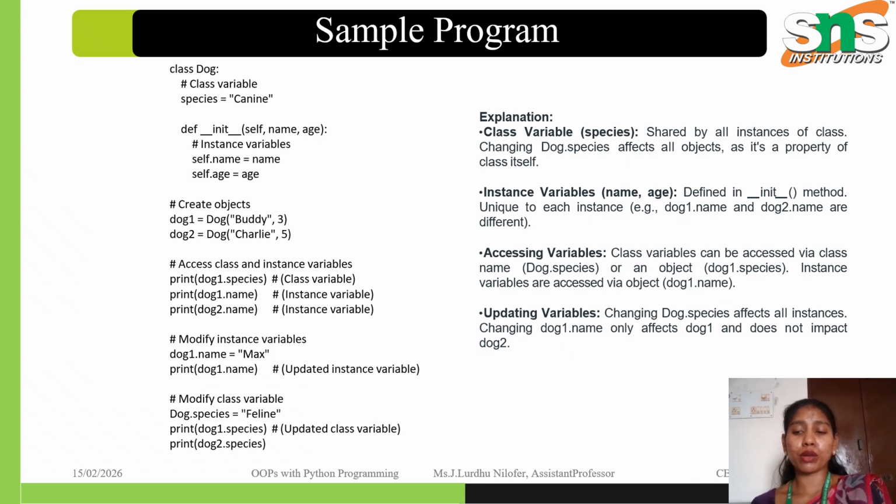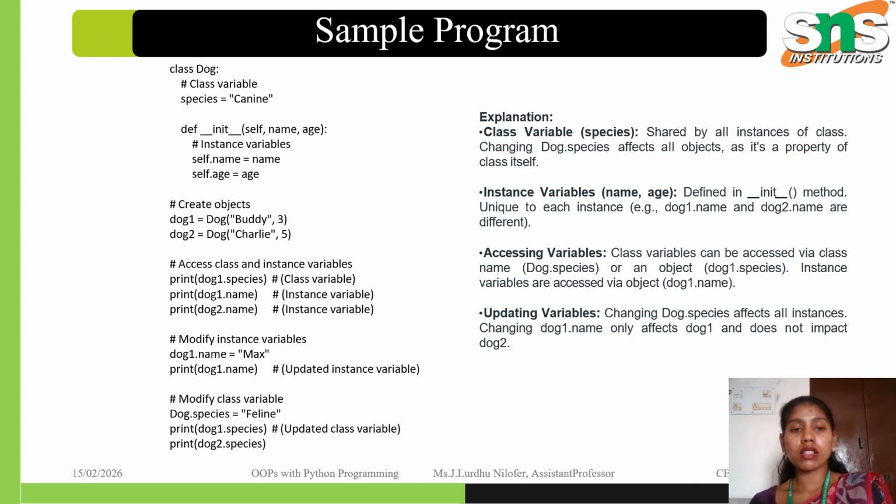Next, a sample program of classes, objects, and instance and class variables. As usual, we put the class keyword, then the class name. We declare a class variable: species equals canine. This is a class variable. def is the keyword for a function.